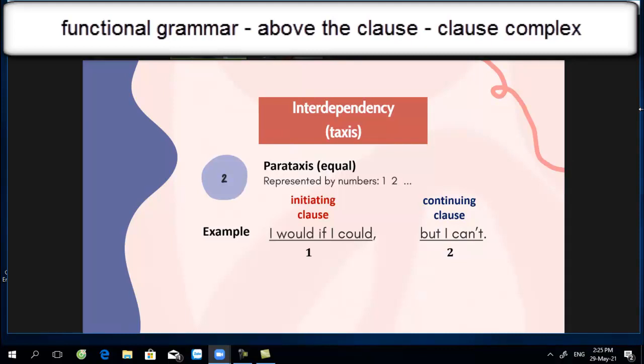So "if" here represents a hypothesis relationship, right? So we have to divide it into smaller parts. And for hypothesis, we have alpha and beta, right? So we have the first part, number 1 alpha, and number 1 beta is "if I could", and then "but I can't". So the structure is 1 alpha, 1 beta, and 2.